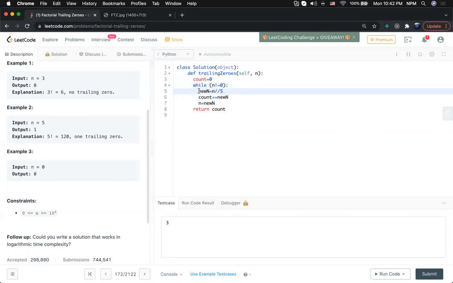And here we have a variable called new n, and we need to divide n by 5 every time, and then add that to our counter. Here we increment it every time we get to a multiple of 5, and still save it to the counter. Then we set n equal to new n.